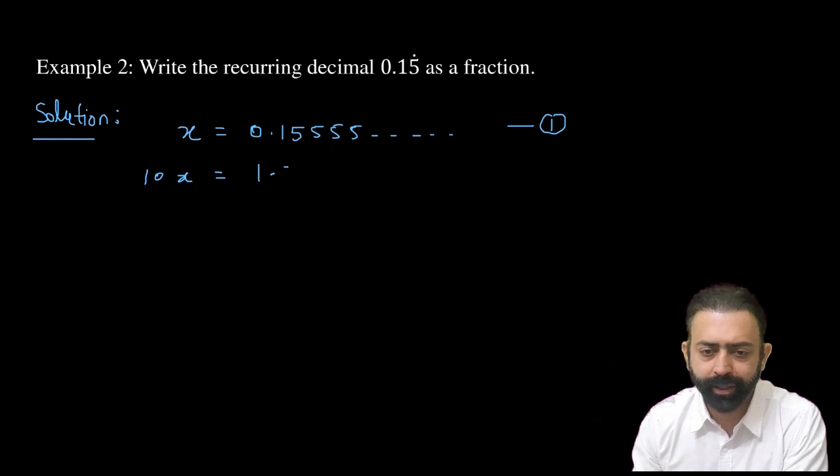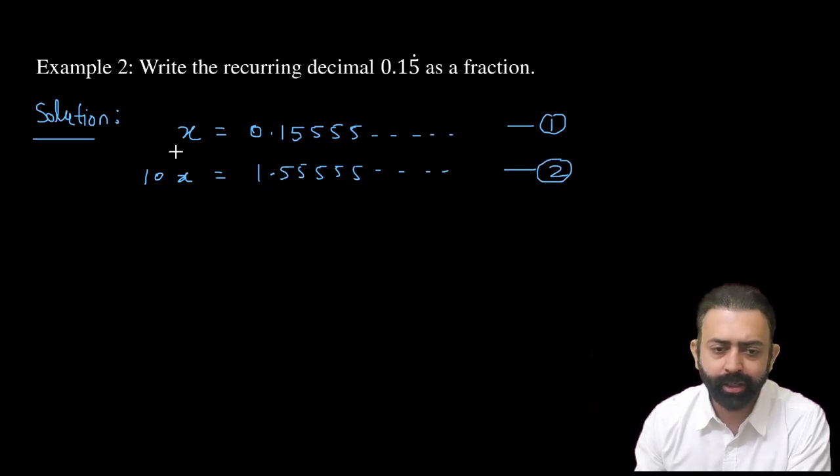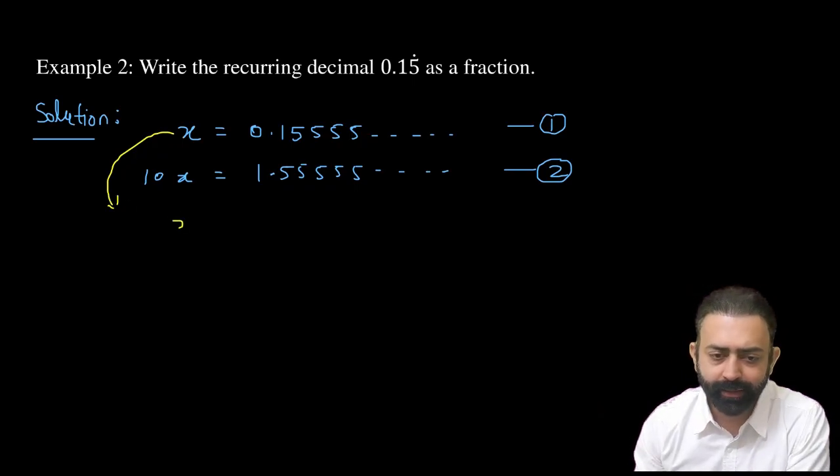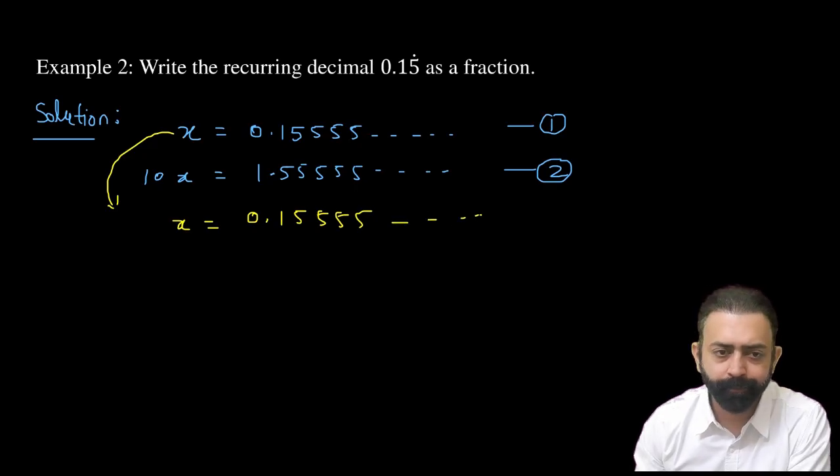So this is 1.5555 and so on. Okay, so this is equation number 2. Rewriting equation number 1 just below 10x in order to align the decimals. So I will say that this x is 0.15555 and so on. Okay.